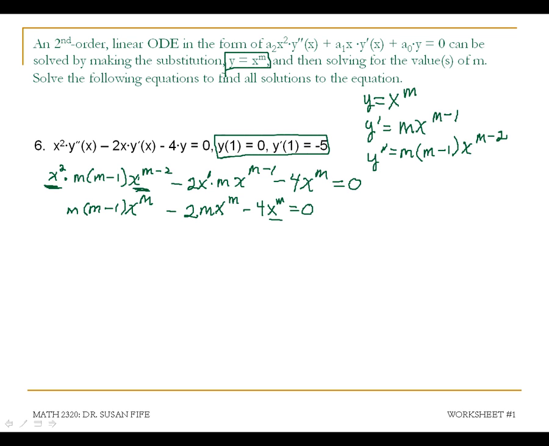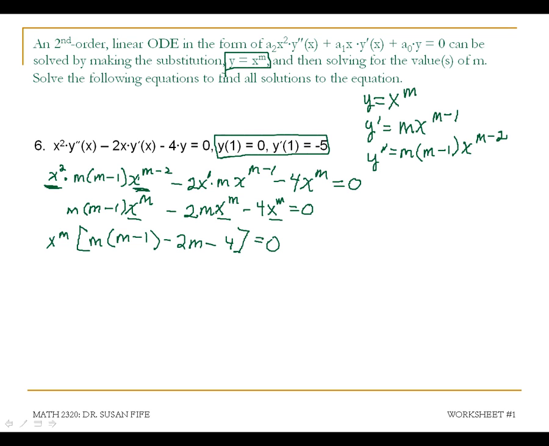And notice that I have this x to the m in common. We could factor it out. Factoring out the x to the m leaves me with m times m minus 1 from my first term, a minus 2m from my second term, and then minus 4 from my third term.